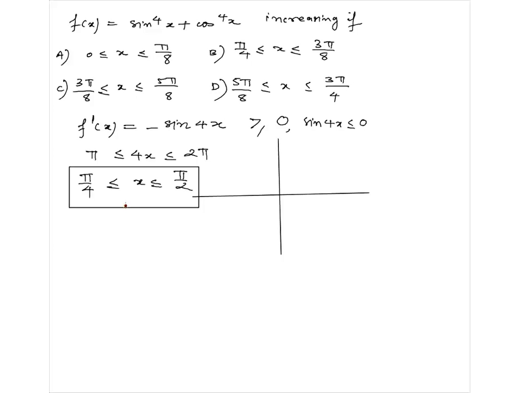Yes. Any answer to that? If we are getting pi by 4 to pi by 2, what makes B correct?